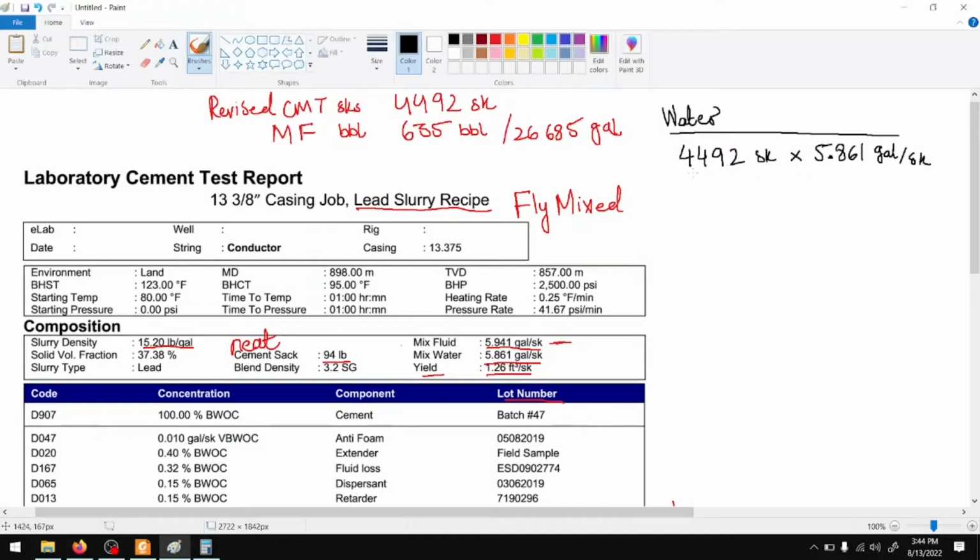Notice that your mixed water concentration is always less than your mixed fluid concentration, because when you add your chemicals to your mixed water, which is just flat out water, the volume increases slightly.